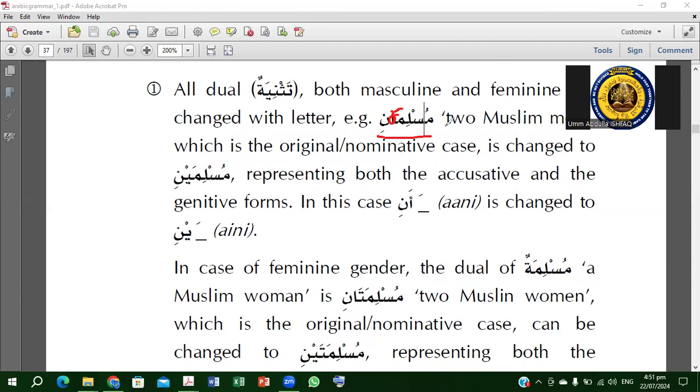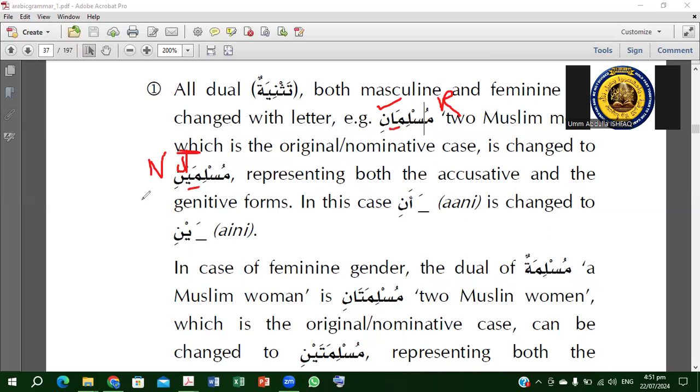Okay, so muslimani in pair, muslimani is rafa, right? This is rafa, and muslimaini is nasab and jar. Okay, same nasab and jar. Both are in the same status. So this is called the change of i'rab with letters, this ya and alif.